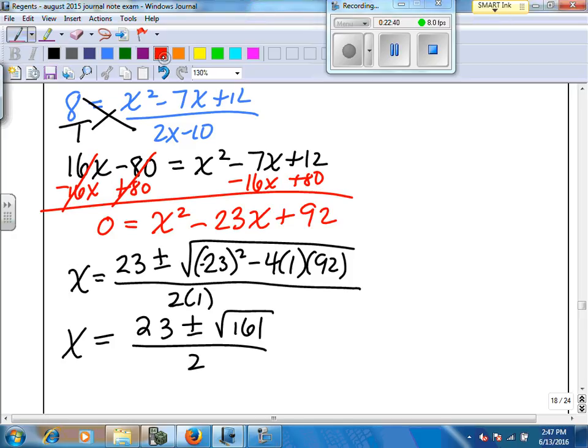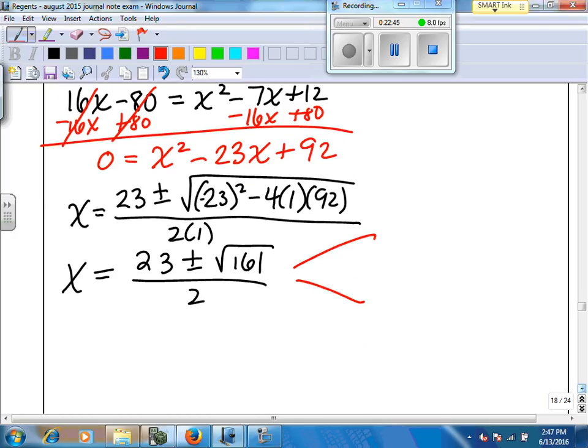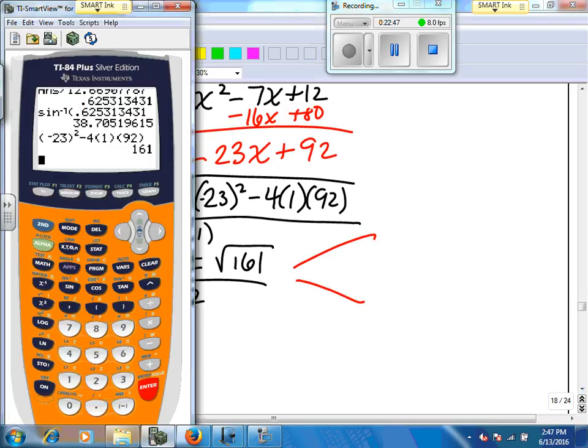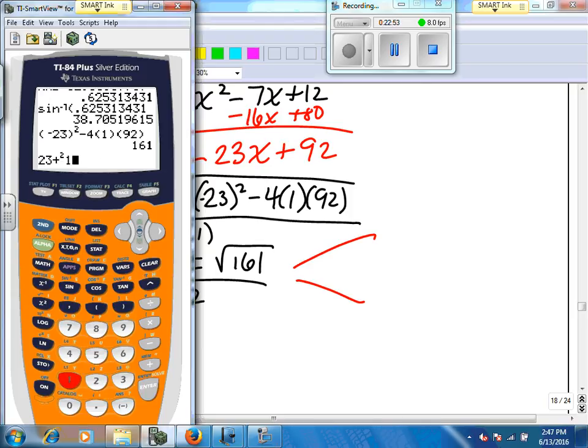Now, because we have to round anyway, I don't really care what square root of 161 simplifies to or doesn't simplify to. And it actually wouldn't simplify anyway, but it doesn't matter because we're going to just do 23 plus that. Oops, I need my square root though. I put squared. Let's delete that. Insert a square root.